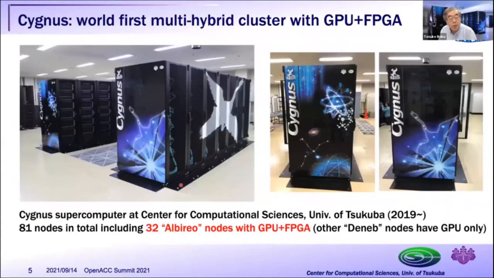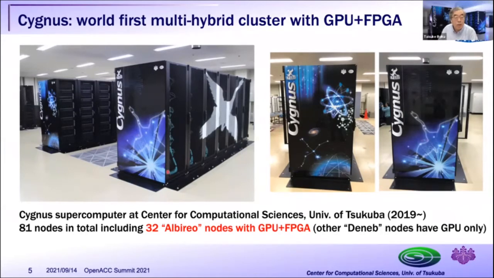This is a picture of our supercomputer named Cygnus. Cygnus is the world's first multi-hybrid cluster with GPU plus FPGA, which started operation in April 2019. We have been operating this machine for almost 1.5 years as an experimental, big, real cluster for attacking practical problems with multi-hybrid computation.